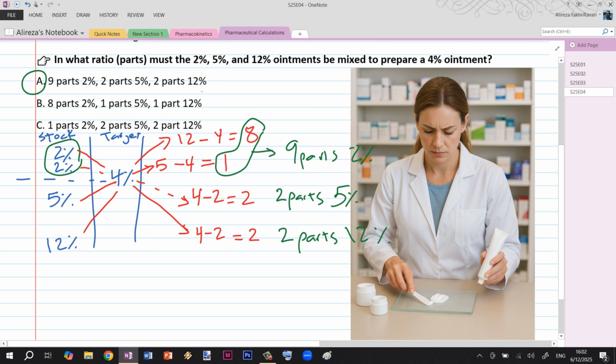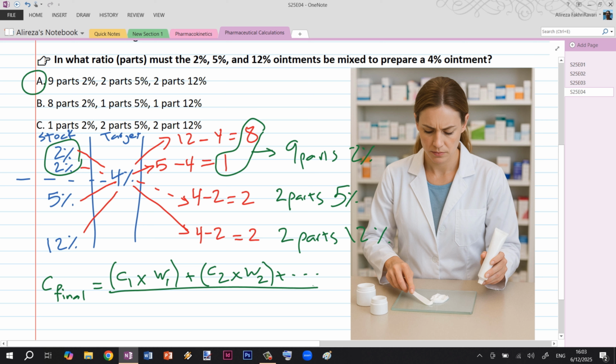To verify, the final concentration equals the first concentration times the amount, either weight or in this case parts, that's C1 times W1, plus the second concentration, C2 times W2, and so on, depending on how many you're using.